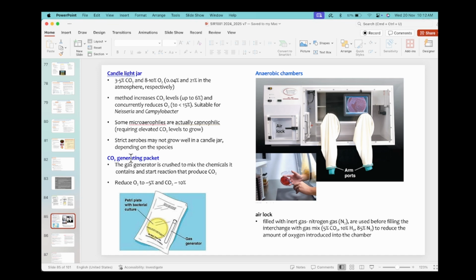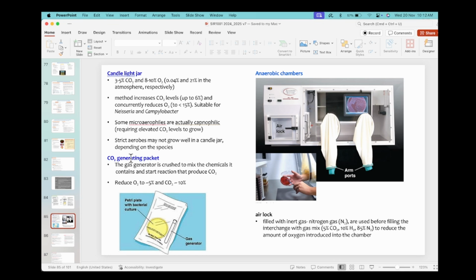If the capnophile you have requires the highest amount of CO2, for example up to 10%, then you require a gas generator. You can either use an anaerobic jar with a gas generator for CO2, or you can use a sealed bag. Put a gas generator there with your petri dish.